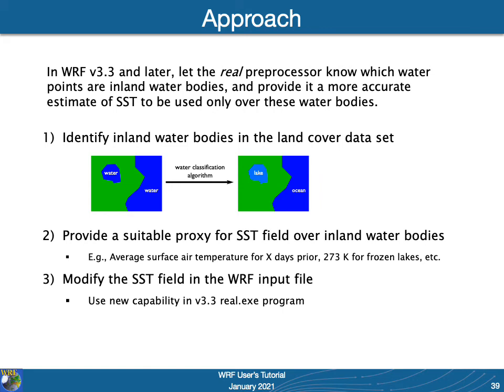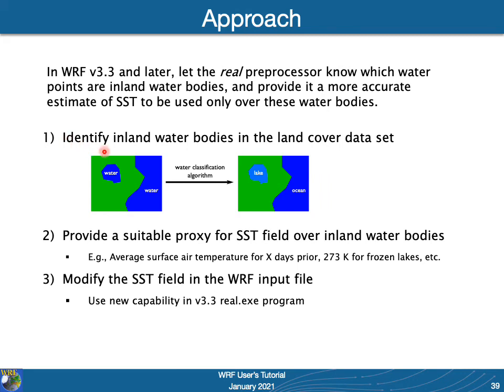And the idea is that if we can tell the real preprocessor which water points are inland water bodies and which are ocean points, in other words, which points are likely to be resolved by the SST dataset and which are unlikely to be resolved, then as long as we can provide some better estimate for inland water body temperatures, the real program can selectively substitute that estimate for the extrapolated SSTs.